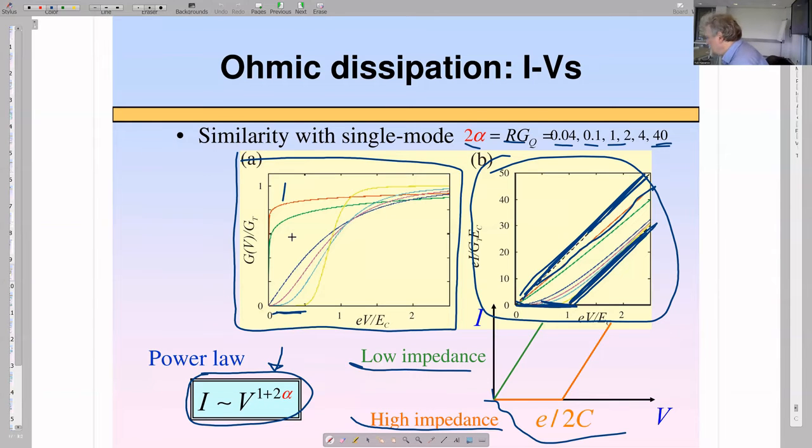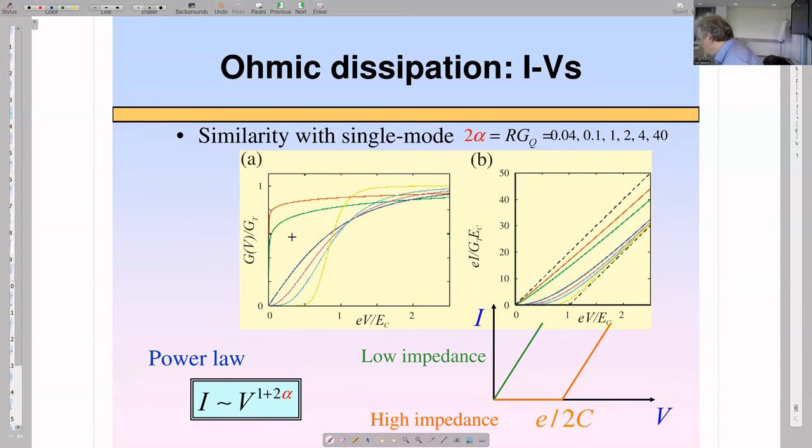And we understand how current is modified in the presence of dynamical Coulomb blockade. So, as promised, it's something in between the non-interacting case, Ohm's law, and the Coulomb blockade curve.